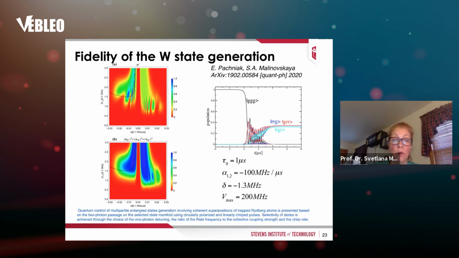So quantum control of multipartite entangled states generation involving coherent superpositions of trapped Rydberg atoms is presented, based on the two-photon passage on the selected state manifold using circularly polarized and linear pulses. And the selectivity of states is achieved through the choice of the one-photon detuning, the ratio of the Rabi frequency to the collective coupling strength V, which I showed in the beginning of this discussion, and the chirp rate.